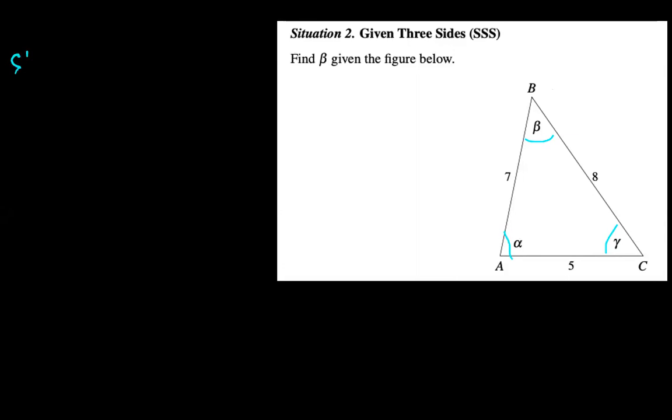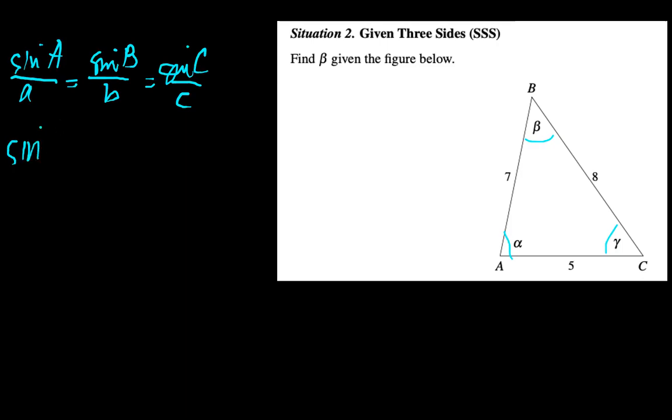So we have sine A over A and sine B over B is equal to sine C over C. Let's substitute the values and see if we could find one of the unknown values in the given triangle.